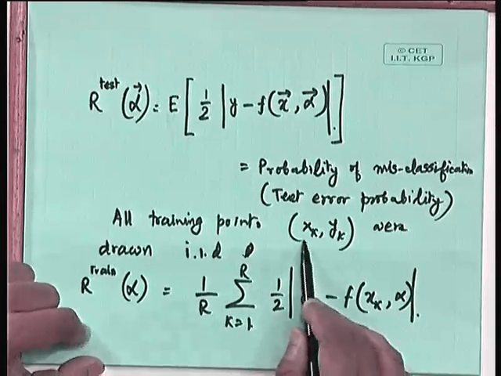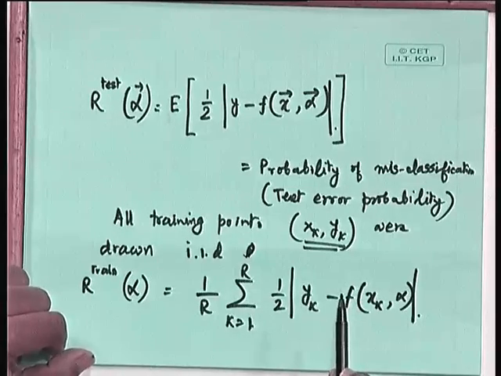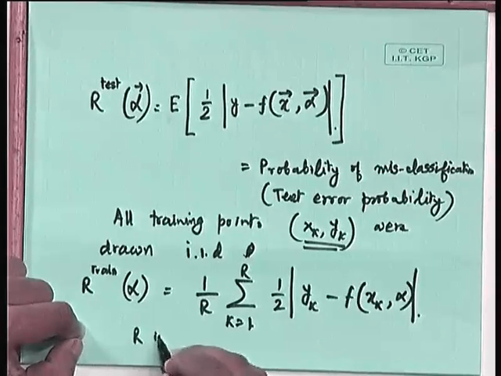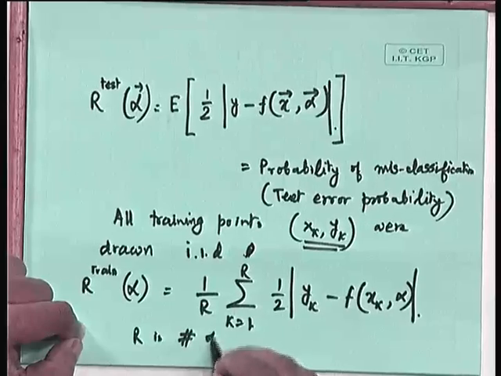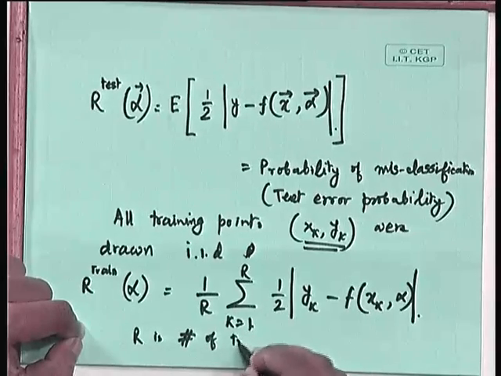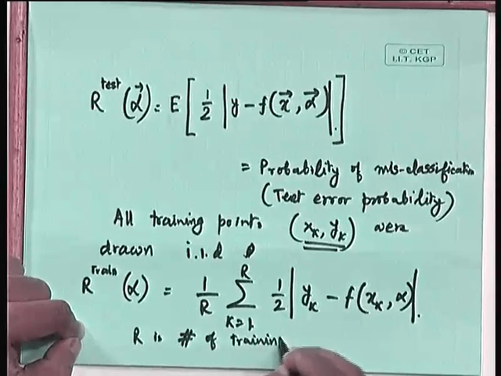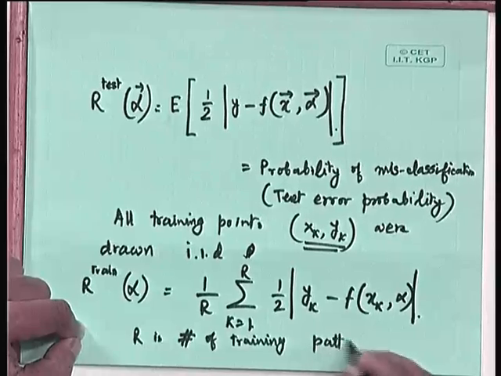I have assumed that R is the number of training patterns.